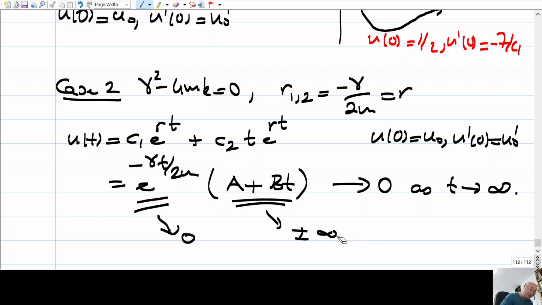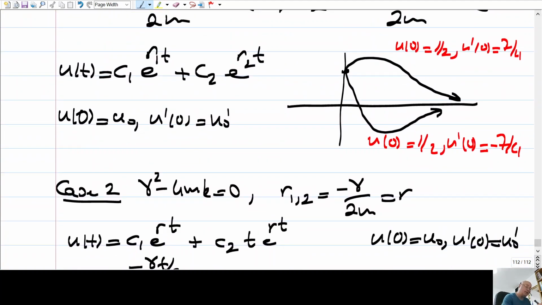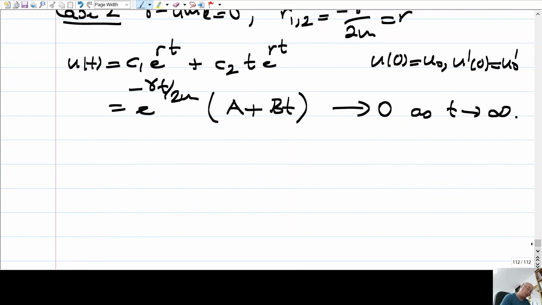Okay, so it means what? Our system, because of the damping, loses its energy. There is no external force applied to the system. Therefore, the object will go up and down, but it will lose its energy and come to the equilibrium position and stop there.